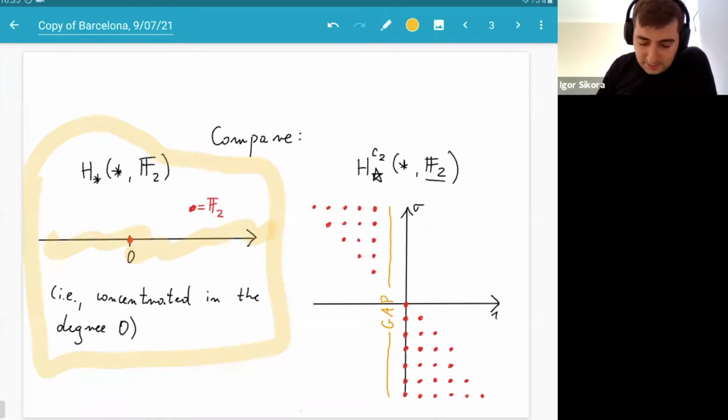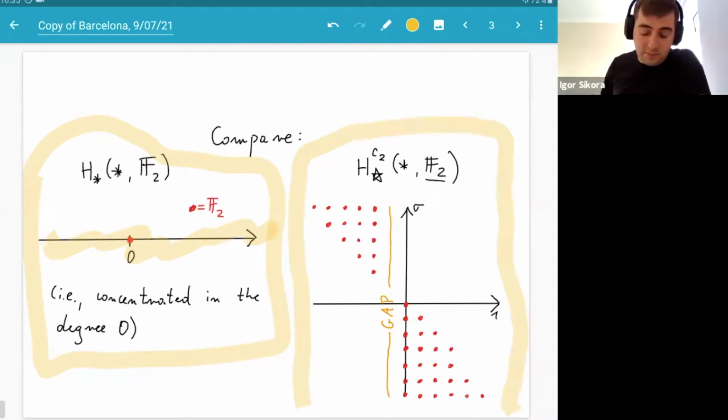But on the right-hand side, we have the homology of a point with coefficients in the equivariant analog of F2, which is the constant Mackey functor on F2. And what we can see here is that this homology is graded over a ring of representations. I will make sense of this a little bit later.